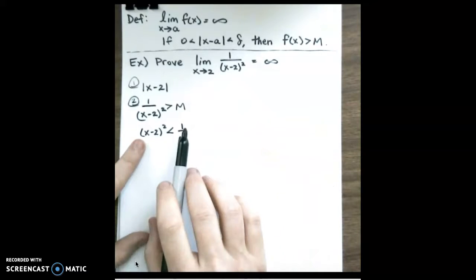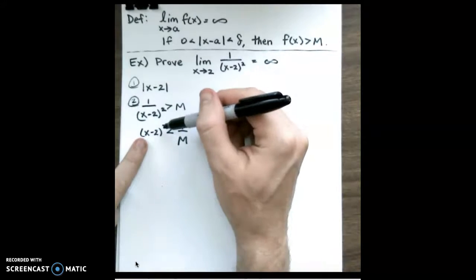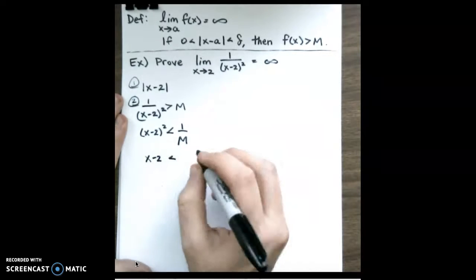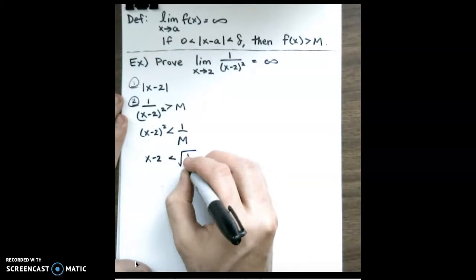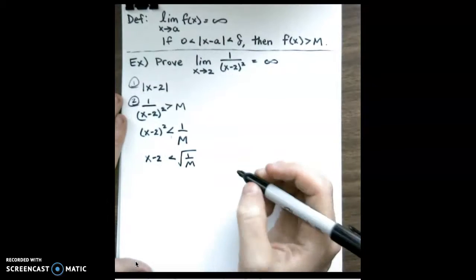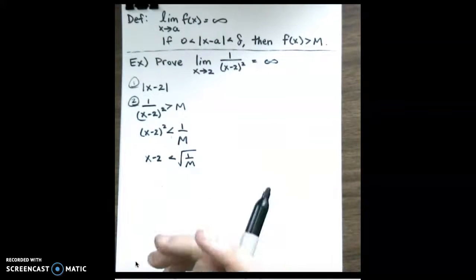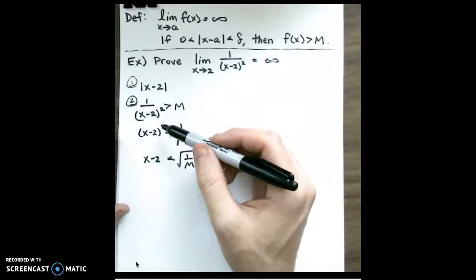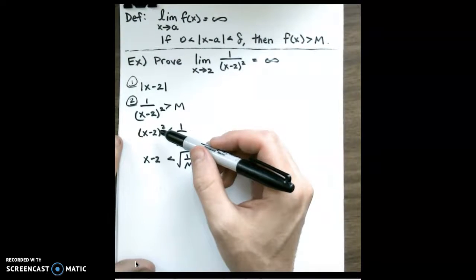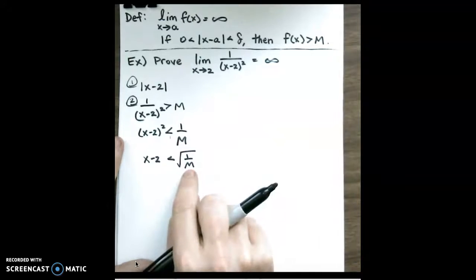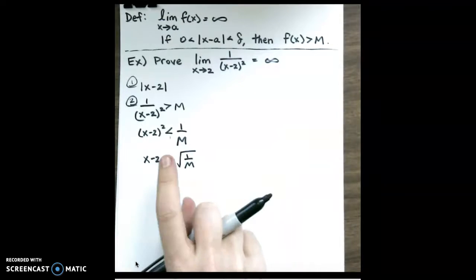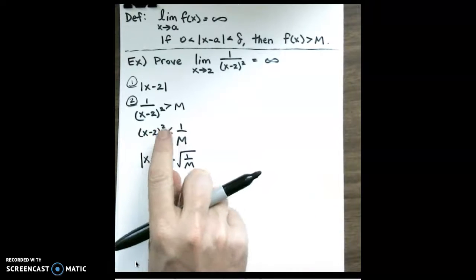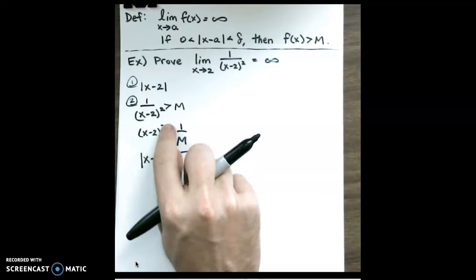So we're not quite there yet. I want to get rid of my square, so I'm going to take the square root of both sides. When you take the square root, the symbol is still the same, and you can test a little example to prove that to yourself. But the weird thing here is we need m to be positive, so we are just going to go ahead and plop in absolute values there, because we didn't know what was inside there, but when we squared it, it was always positive.